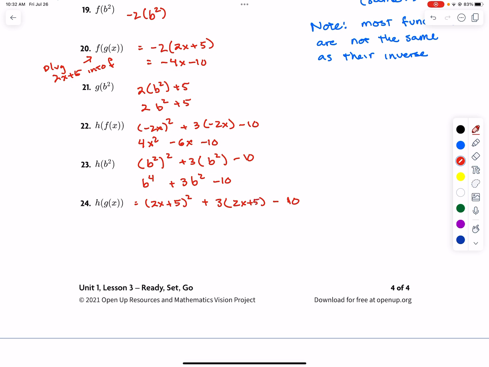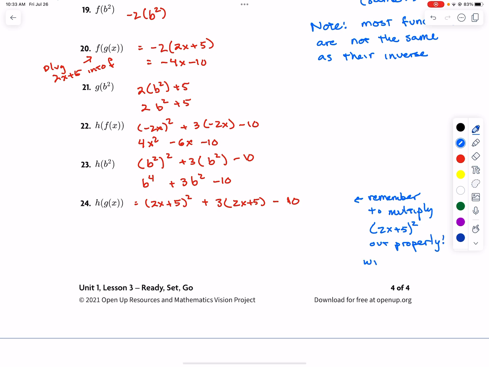And I want to write a little note that says by writing 2x plus 5 squared properly. So make sure that you don't just try to distribute the exponent.